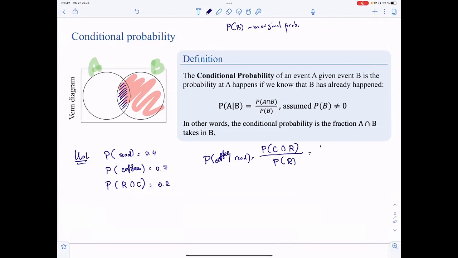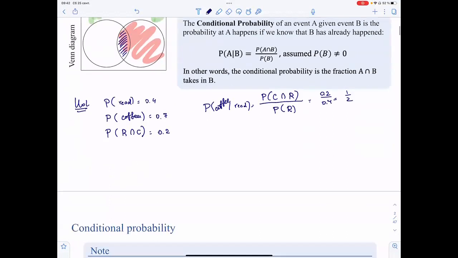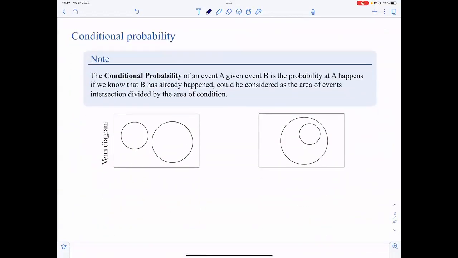In our case, it gives us 0.2 divided by 0.4, so it's 1/2. And now I know that someone drinks coffee with the probability 1/2 if I was told that he or she was reading before. So this is the concept of conditional probability.